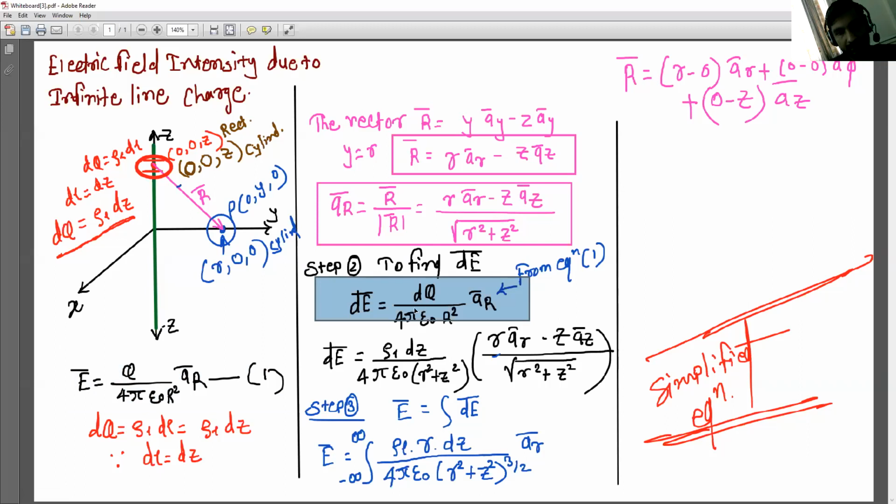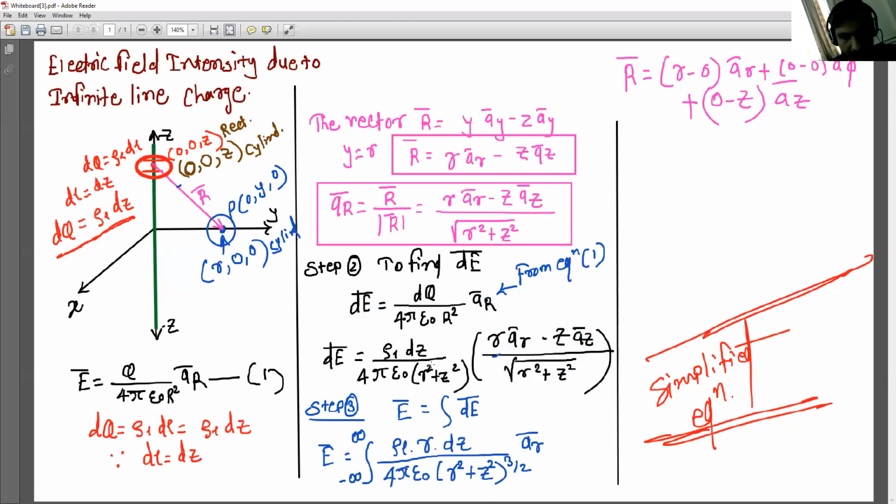So this we can just write from equation 1. And finally, in place of dq, what can I write? Rho L dz. In place of dq, I can write rho L dz, and a bar r written over here. Right? So this is the equation that we have seen yesterday.